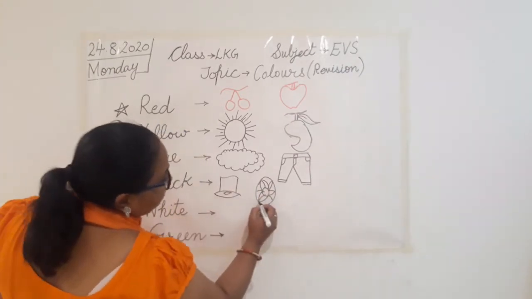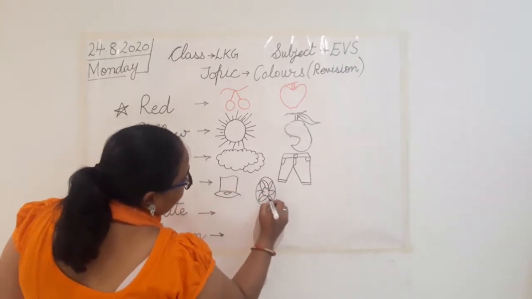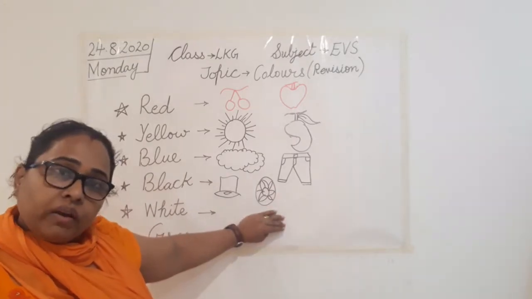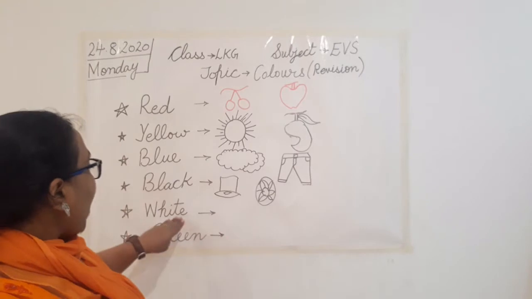So what is this? It's a tire. What is this? A tire we have drawn here. Clear everyone? So now comes the white color.